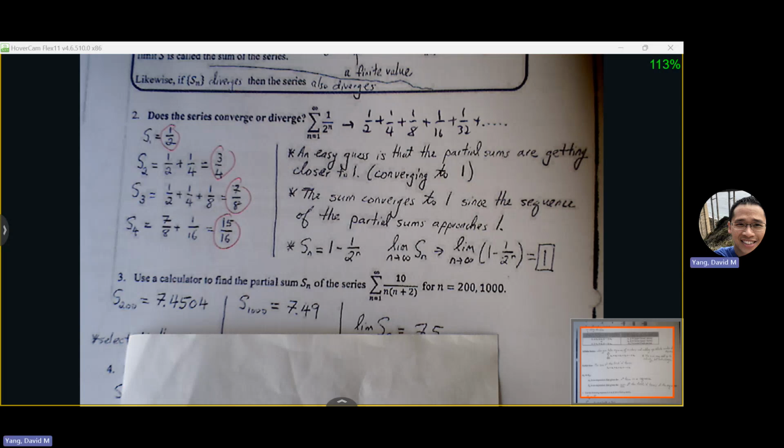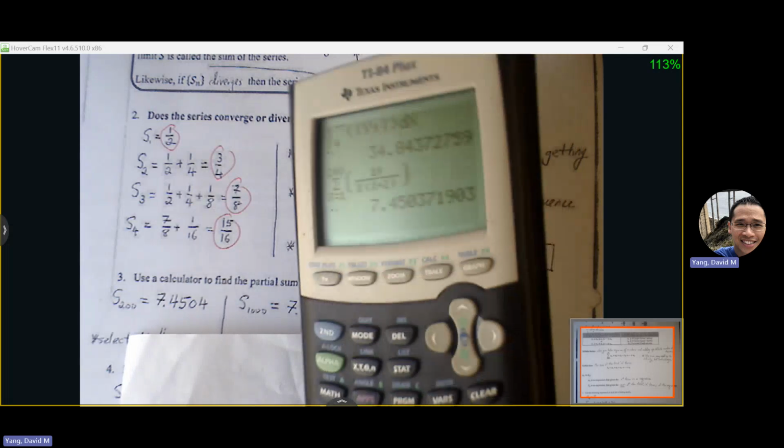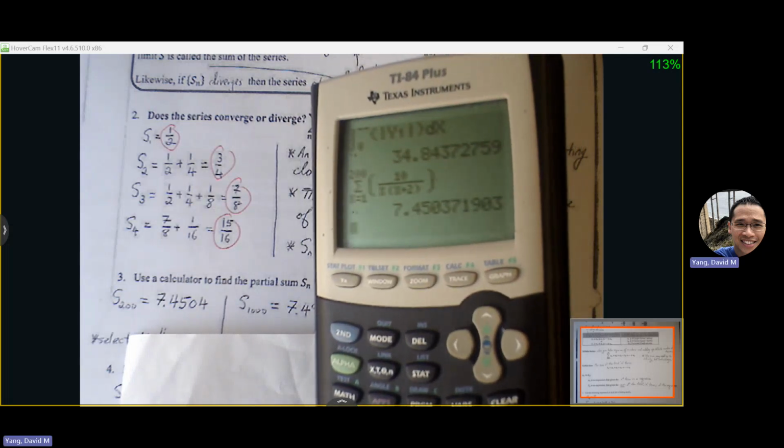It may take a moment for it to give you that sum, but here the sum ends up giving us 7.45.